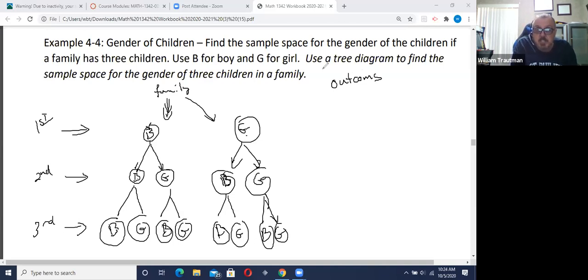And I'm going to use a different color pen. I'm going to use red. Do you see? I can use this tree to do all the outcomes. I could have a boy, and a boy. Do you see? First child boy, second child boy, third child boy. So my outcome could be boy, boy, boy.